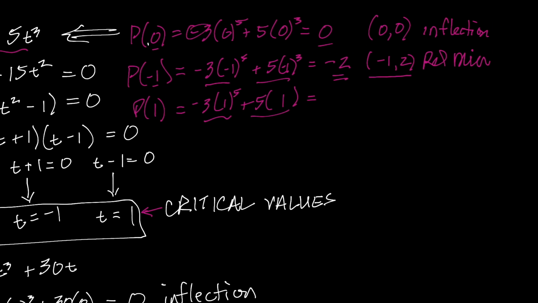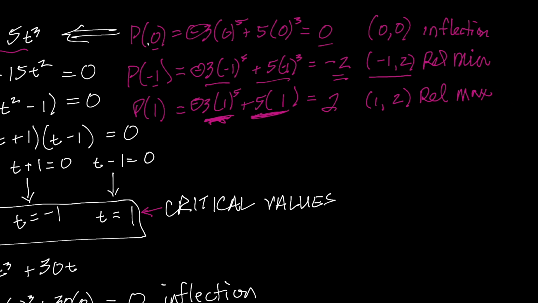I remembered it here and here, but forgot it here at first. So anyway, negative 3 right here plus 5 is positive 2. So that tells me that the point 1, 2 is a relative maximum. So we have our relative min, our relative max, and our inflection points identified here. Now, next, let's consider what the graph of this might look like.